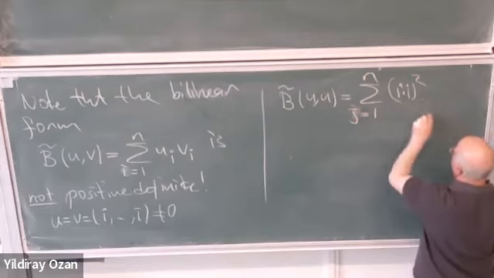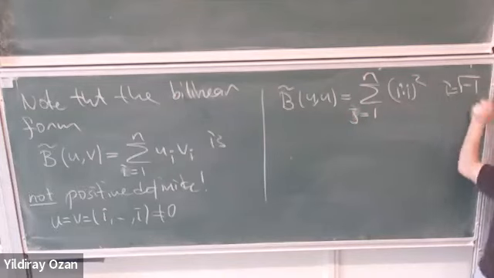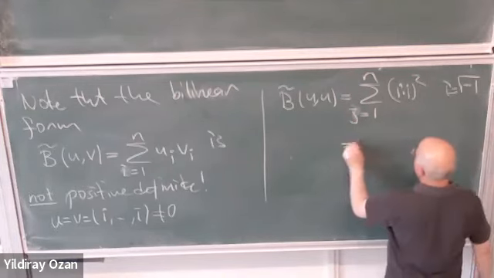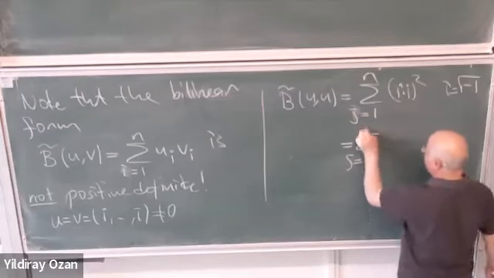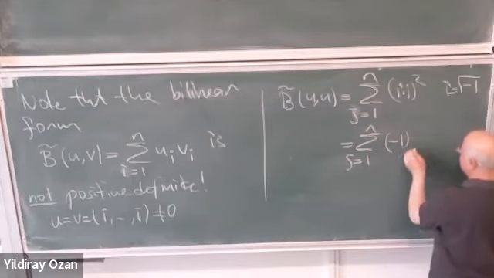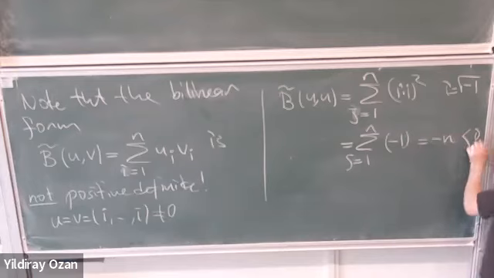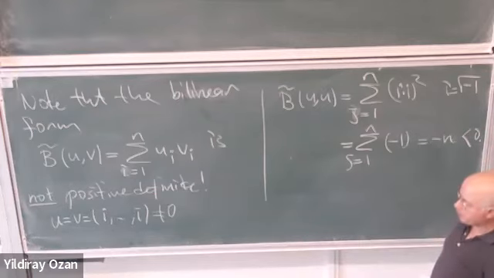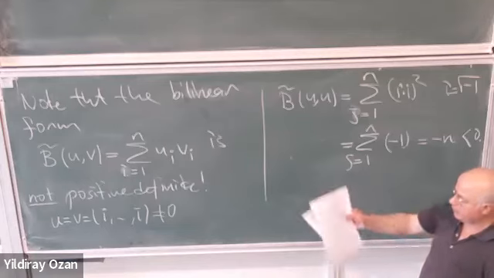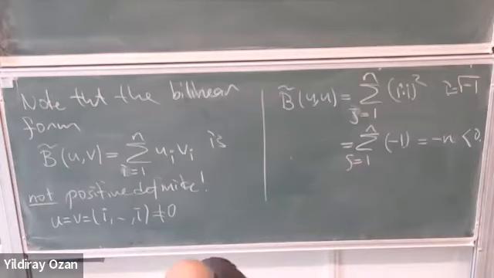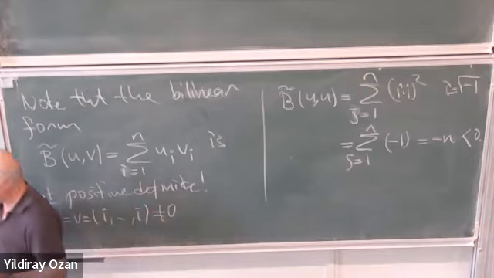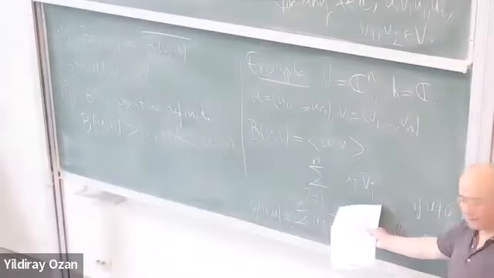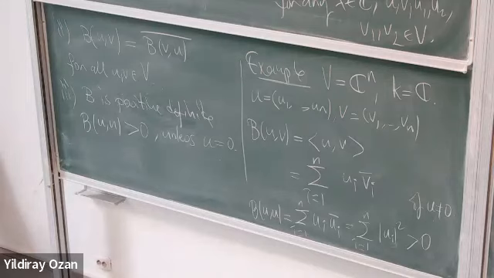Here, this i is just the square root of -1, okay? It's not the index. So what is this? This is just the summation from 1 to n of -1s. So this is minus n, it is negative. So that's why we define inner products on complex spaces using a formula like this, so that it becomes positive definite, otherwise it is not.